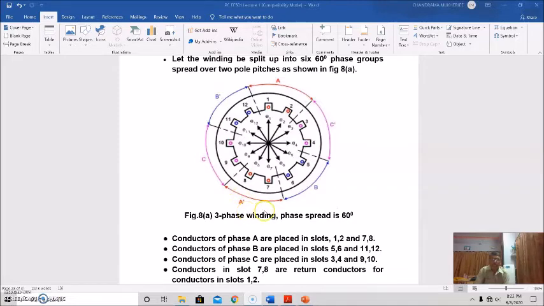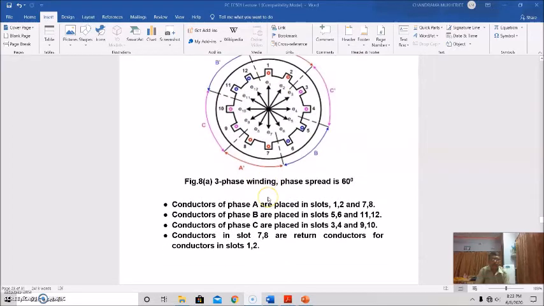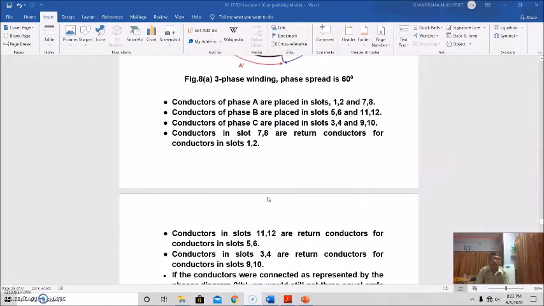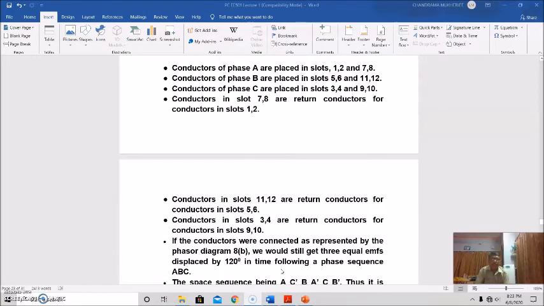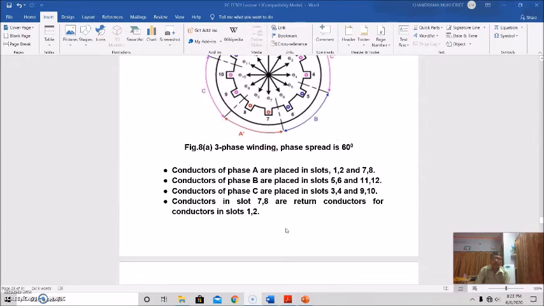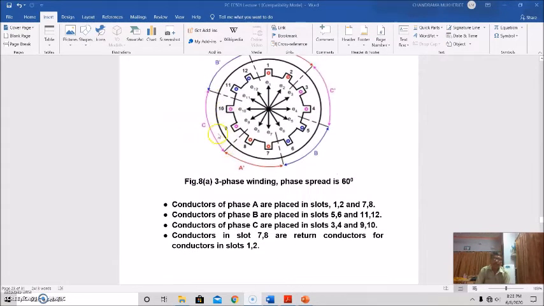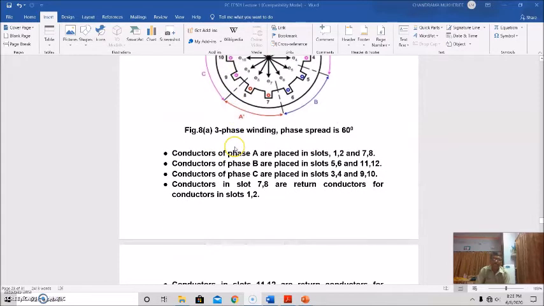Conductors in slots 7 and 8 are return conductors for 1 and 2. Similarly, conductors in slots 11 and 12 are return conductors of 5 and 6. And conductors in slots 9 and 10 are return conductors for slots 3 and 4.